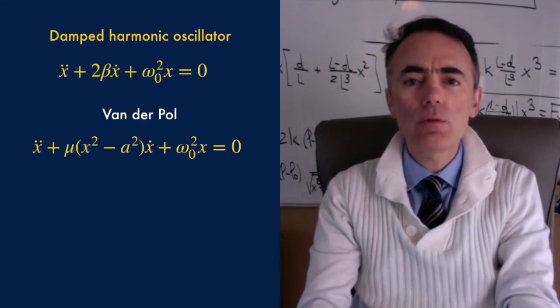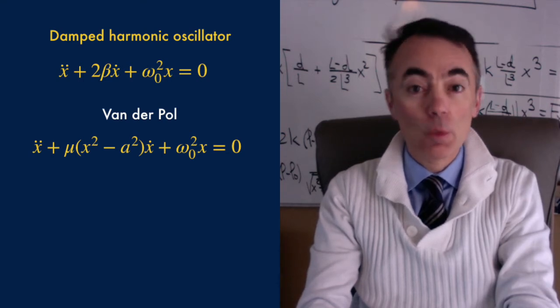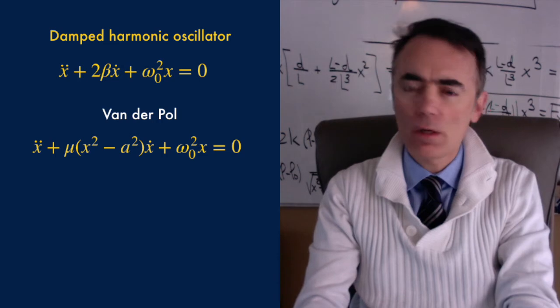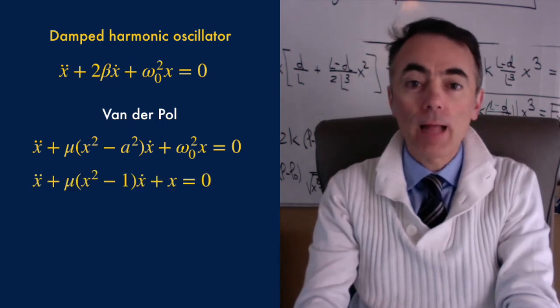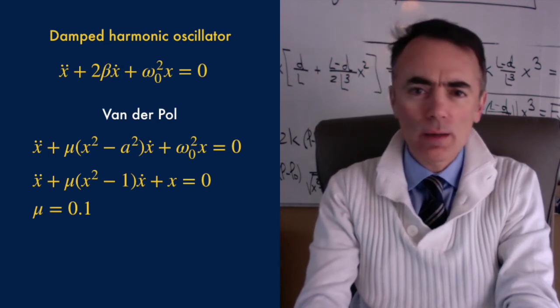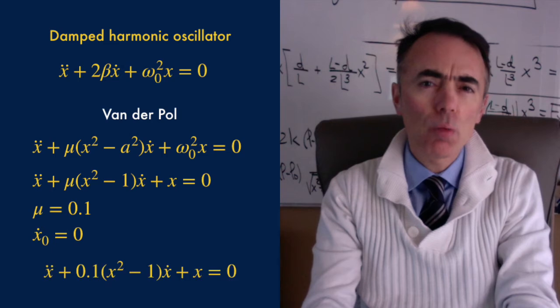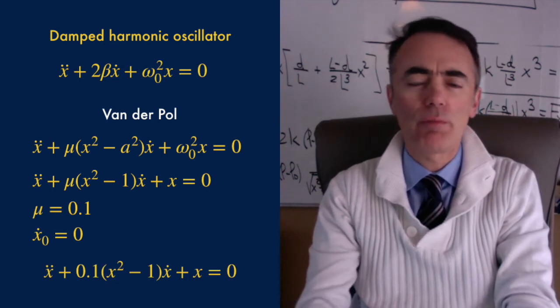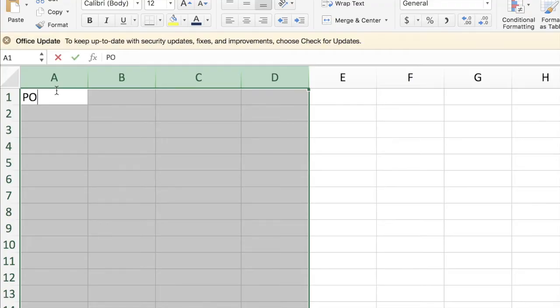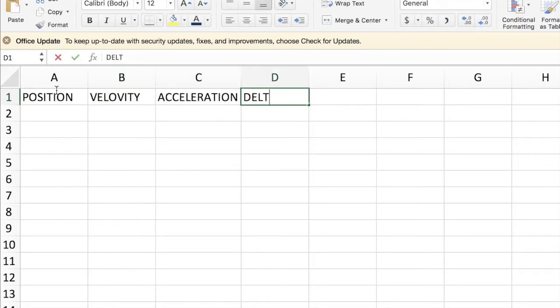I am going to plot the trajectory of this system in phase space numerically. I will use just Excel for that. I'll take a to be 1, mu to be 0.1, omega to be 1. The initial velocity will be set to 0, and I will explore what happens for different initial values of the position. Let me create the position, the velocity, the acceleration, and the time increment delta t.